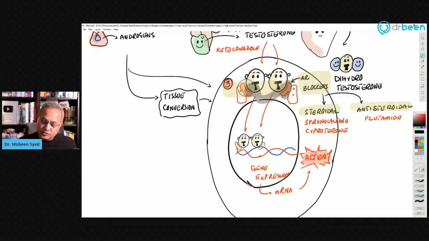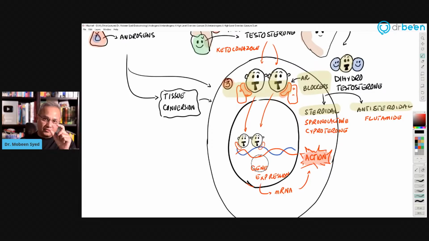The type of drugs that work here are of two types. And actually, it's very logical. What is the kind of hormone that attaches to this receptor? Steroid hormone. So there can be fake steroid drugs, or we can say steroidal anti-androgenic receptor antagonists, which are steroidal in their structure.